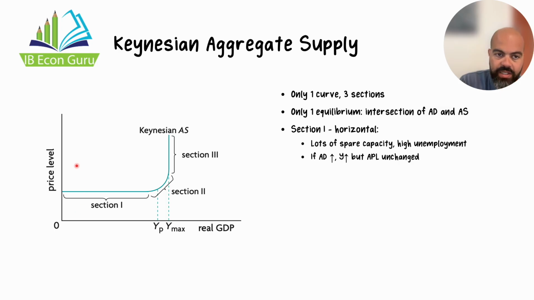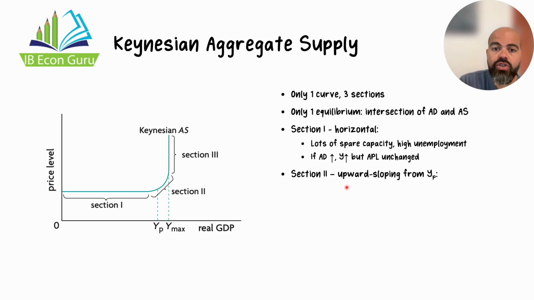So I want you to imagine an AD curve here shifting to the right to here. You can see that any shift in AD along the horizontal section will lead to an increase in real GDP, Y, but will not lead to an increase in average price level. There will be no inflation. Real GDP or output can increase without creating inflation.